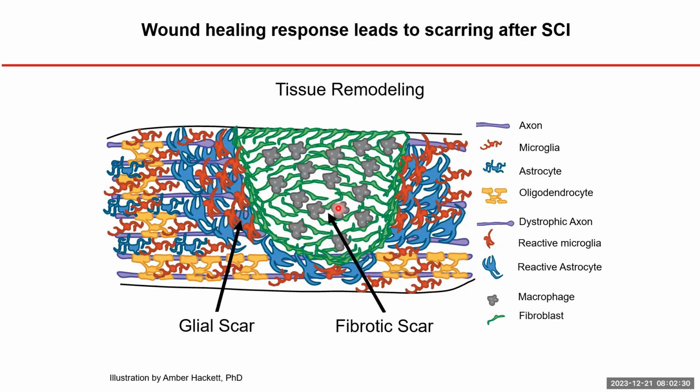These are the non-neural cells that invade, typically monocyte-derived macrophages and fibroblasts. Surrounding that, protecting the tissue from infiltration, are the glial cells that have typically been given a bad rap in that they're thought to prevent regeneration, but they play an important role in limiting the spread of the infiltrating immune cells and fibroblasts to the surrounding tissue.